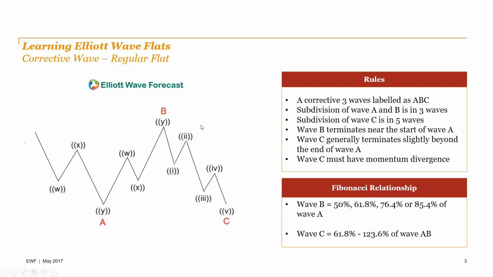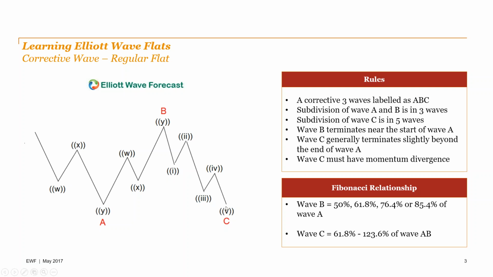Wave C generally terminates slightly beyond the end of wave A, and wave C must have momentum divergence. So this is also important. Momentum divergence, anybody knows what it is? A lot of people use the RSI indicator. Now when you have an RSI divergence, that is what we call a momentum divergence, right?